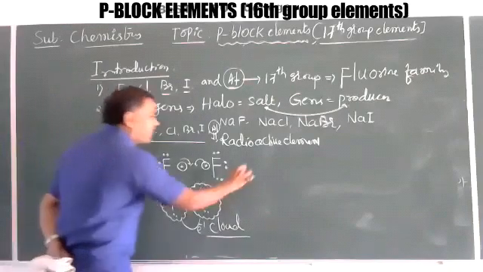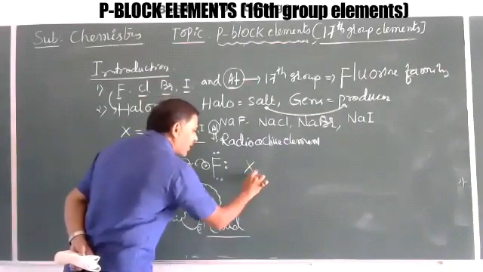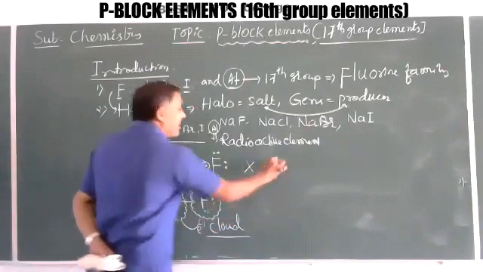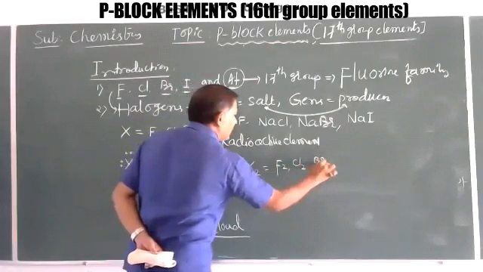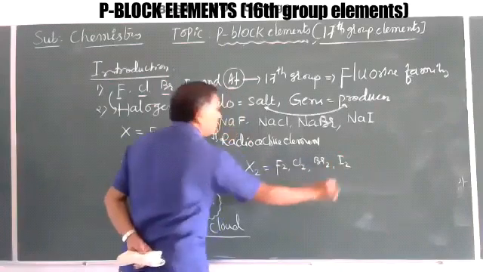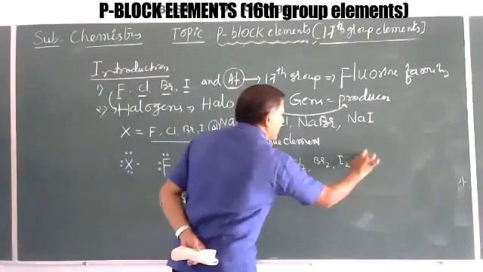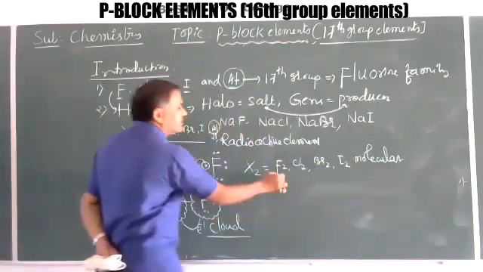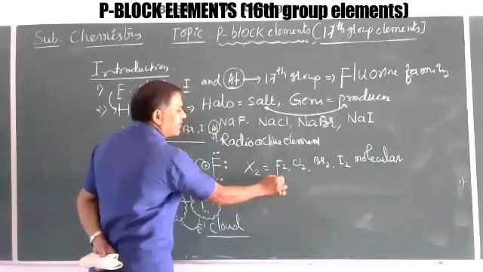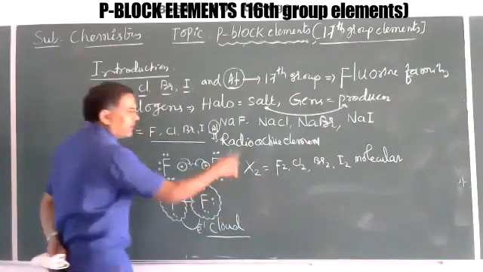Finally, this halogen exists as diatomic X2, like fluorine, chlorine, bromine, and iodine molecules. These are in molecular state due to the presence of 7 valence electrons, to get the octet electronic configuration.